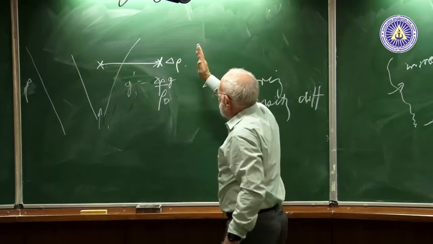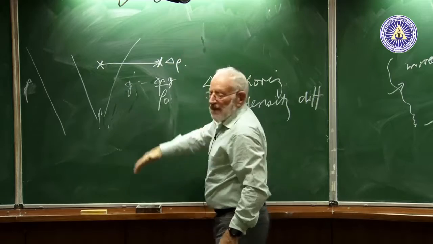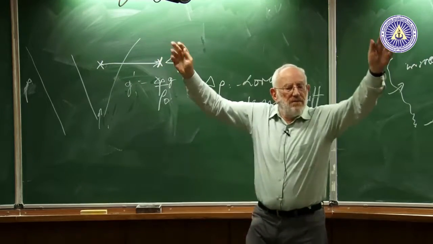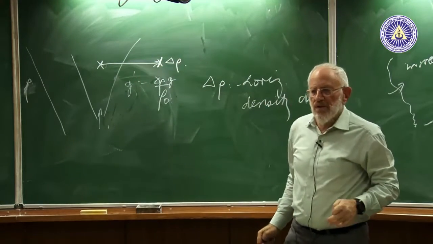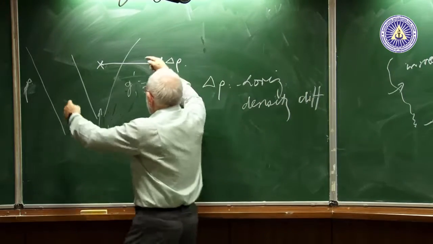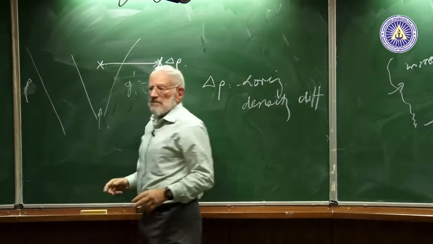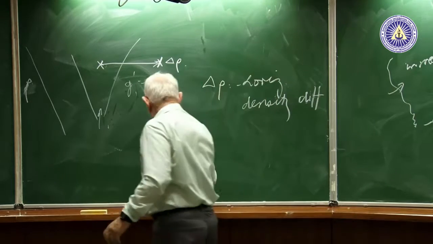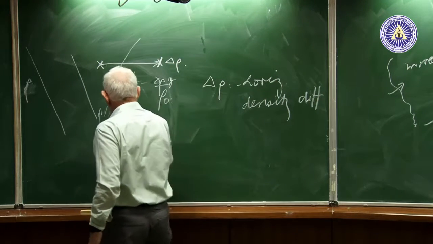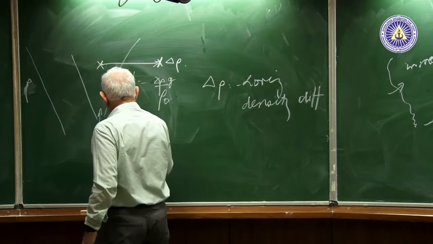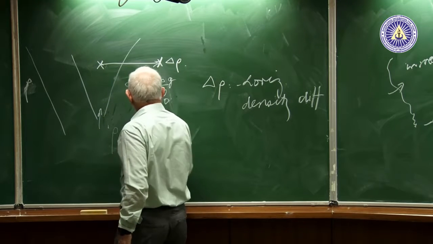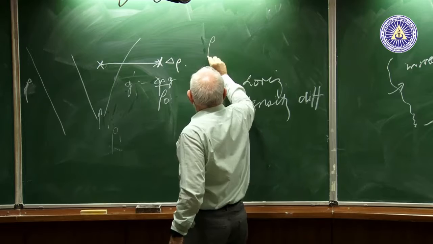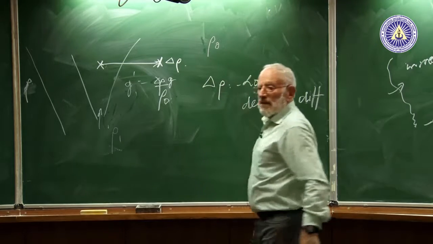Now, if this was a constant density, it could rise for as long as it wanted. Because although the density will decrease, how will it decrease? Well, that's one of the things we want to calculate. In the simplest case, this has a density rho 1, and out here we have a density rho 0.